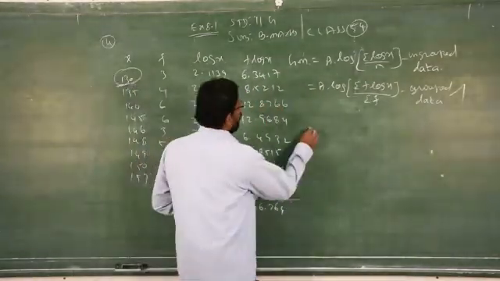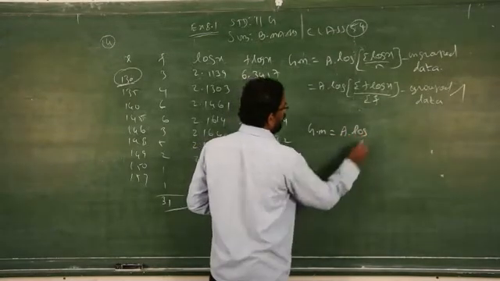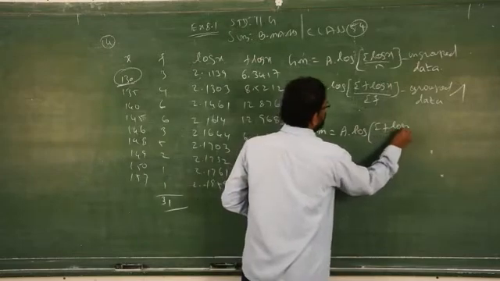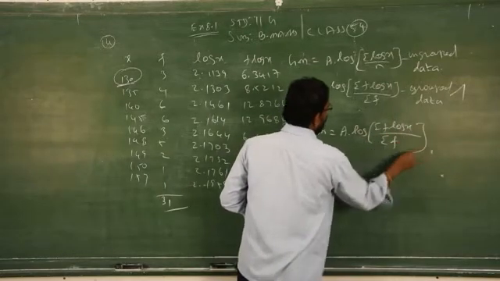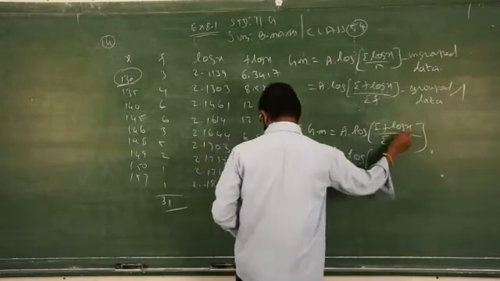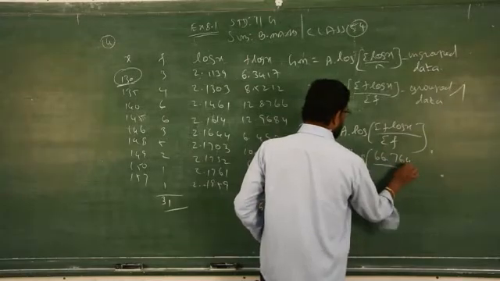That is Gm is equal to antilog. Antilog means what? Anti-logarithm. Summation f log x by summation f. So antilog, what is summation f log x? 66.764.